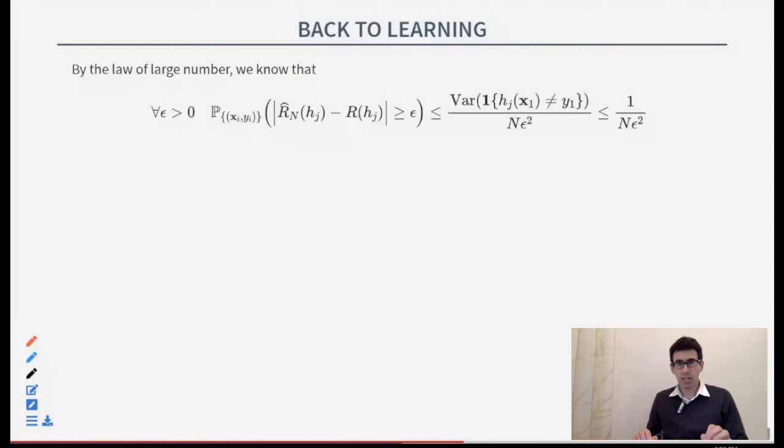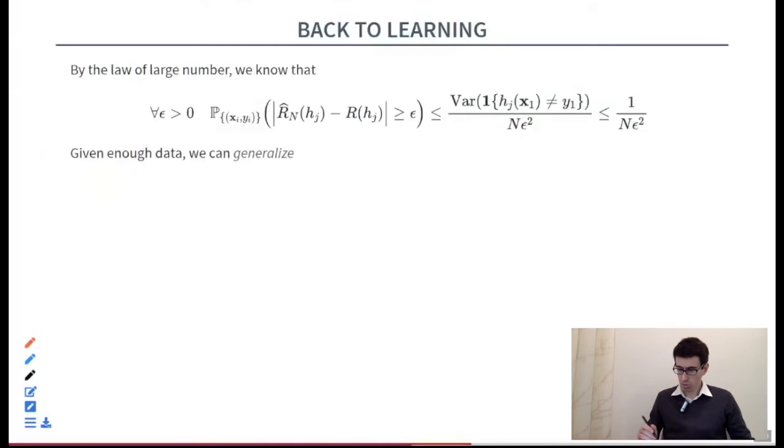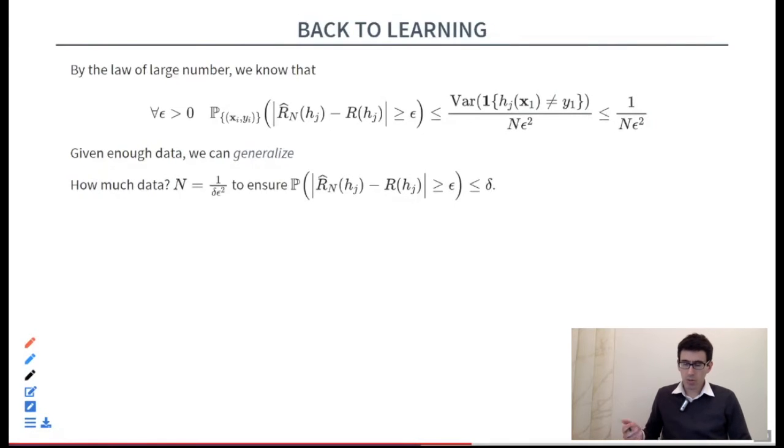It's telling us that given enough data, represented by n, the number of feature vectors in your data set, you can generalize. Because if you fix a model and evaluate it on a huge data set, the risk that you're evaluating is actually going to be very close to the average loss function. So you can generalize. Now the question, of course, is how much data you need to generalize.